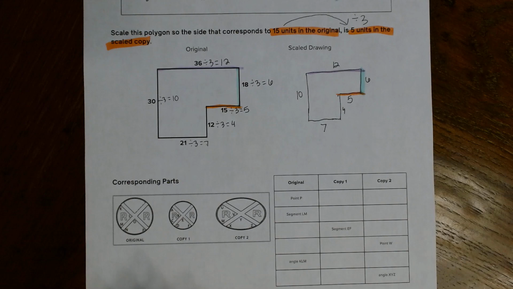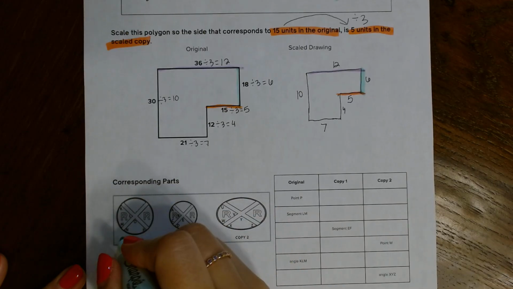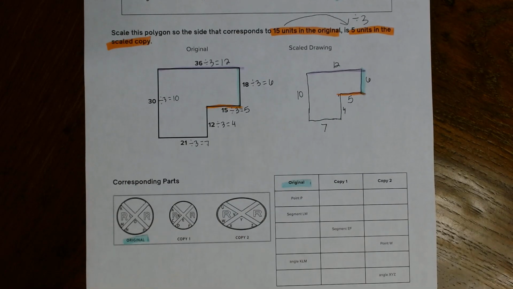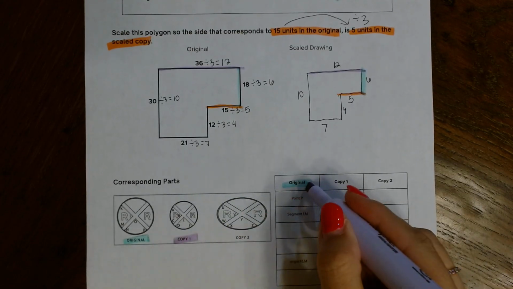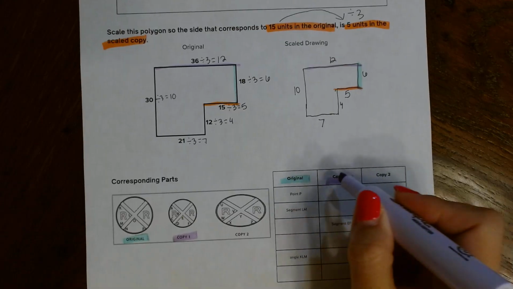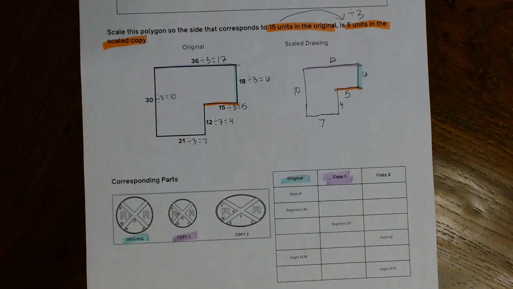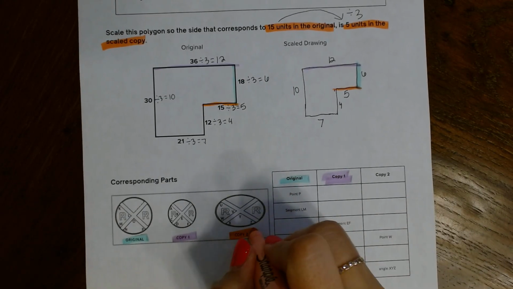So we're going to do a little practice with corresponding parts here. And I'm going to highlight these so we can see a little bit better what we're doing here. So I have an original, I have a copy 1, and a copy 2.